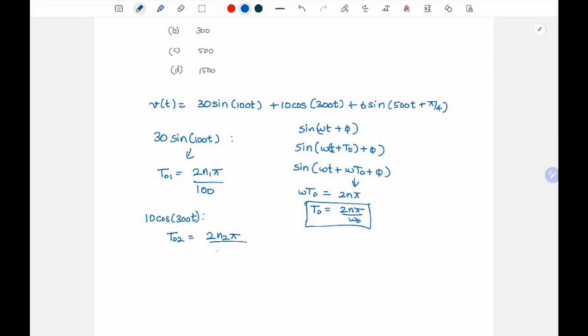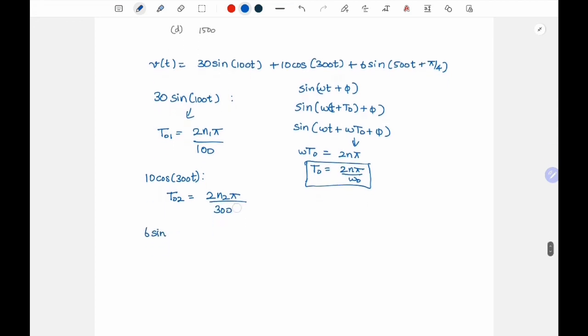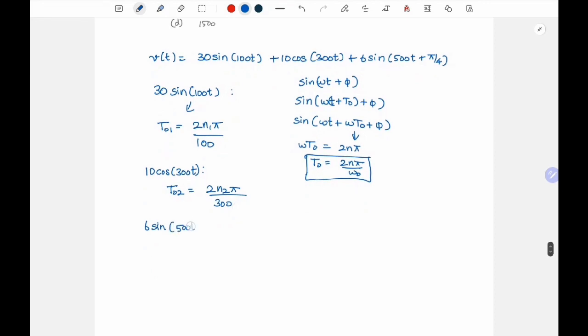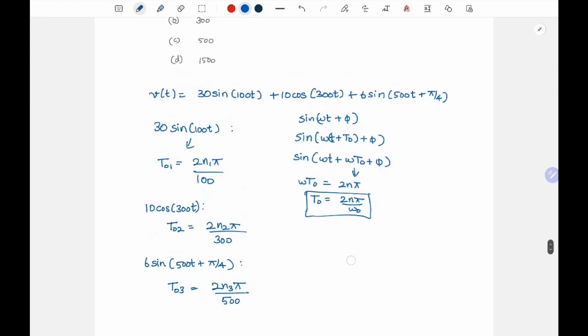2n2 pi by 300. And for 6 sine 500t plus pi by 4, what will be the time period? T03 is 2n3 pi by 500. So now we have 3 time periods, right?